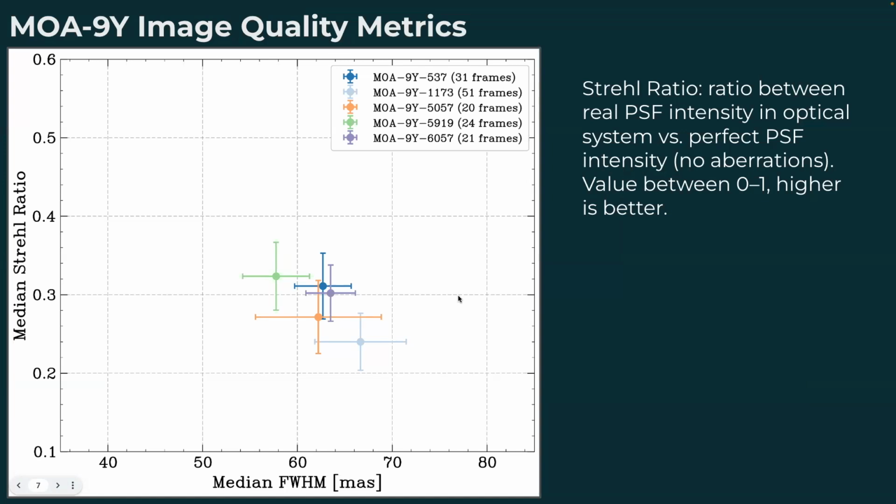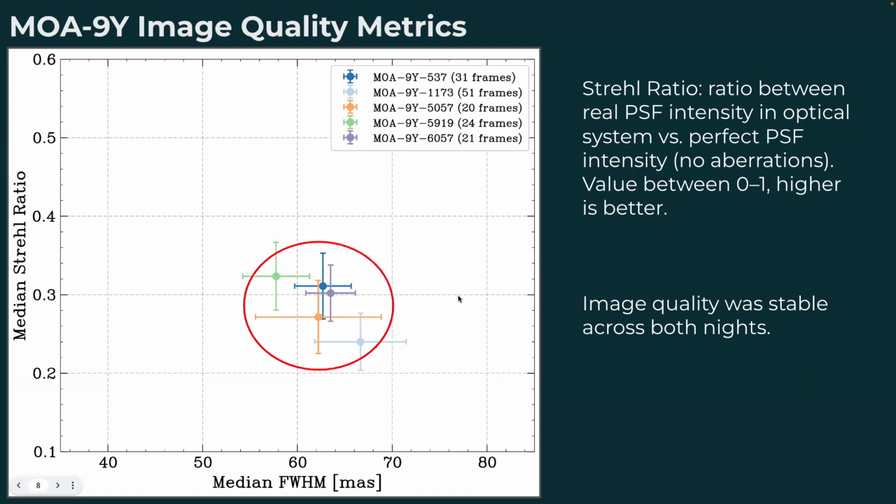And so the point here is that on the nights that we observed, 2 nights, the image quality was pretty consistent, pretty good across both nights. Not the best that we've ever done with Keck, but this is still pretty good. 60 milliarcsecond full width half max is quite good.